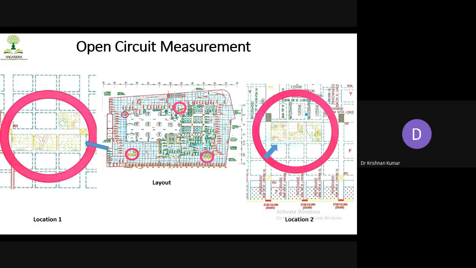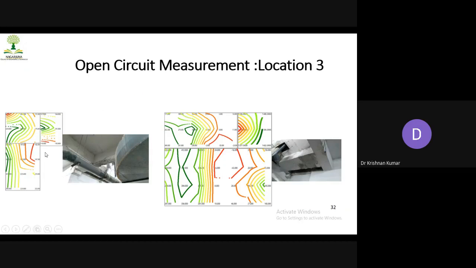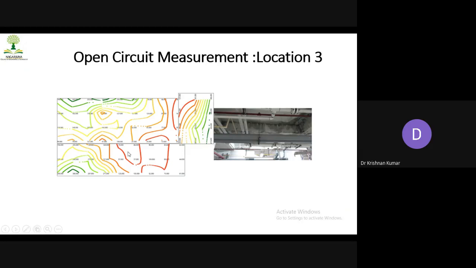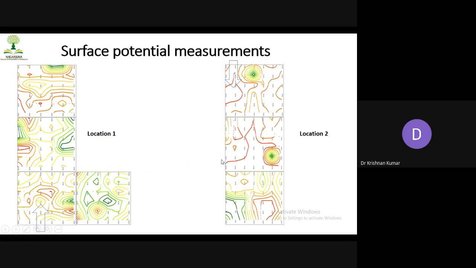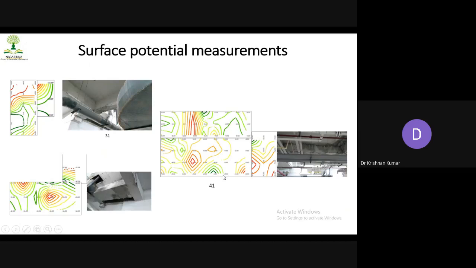Because of the fountain, the water is leaking, seeping inside and causing complete leakages. We found that and informed them. This is also about different locations, and the mapping was given like that for the different locations.